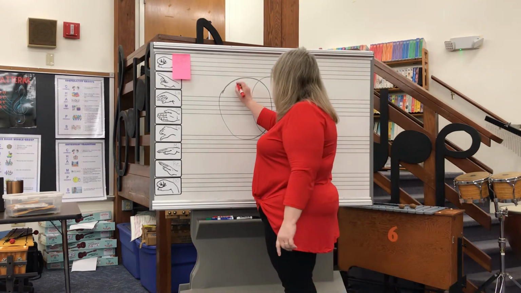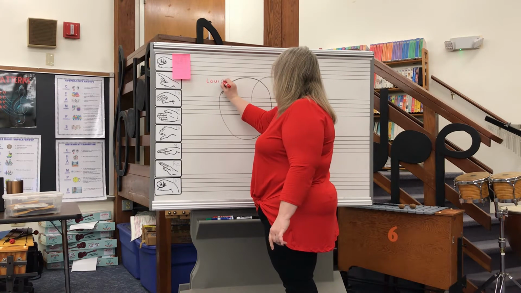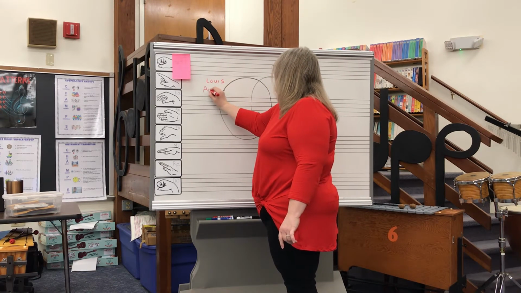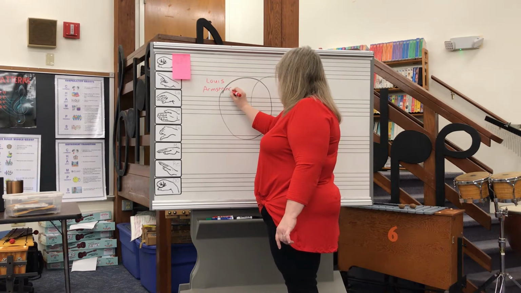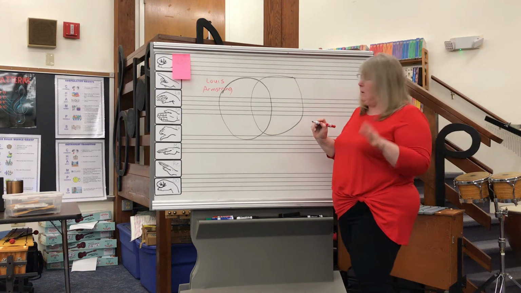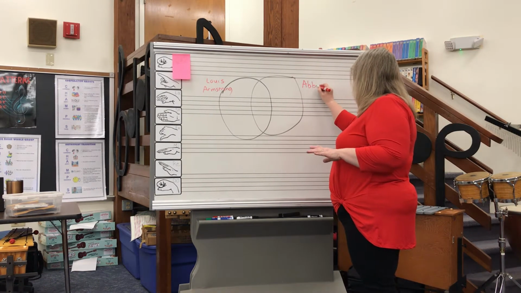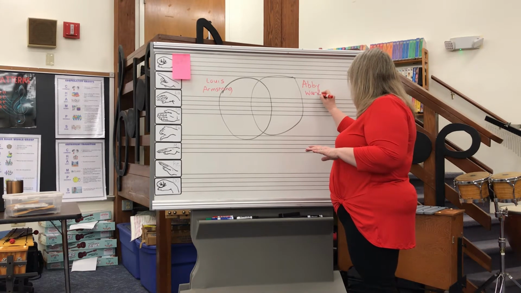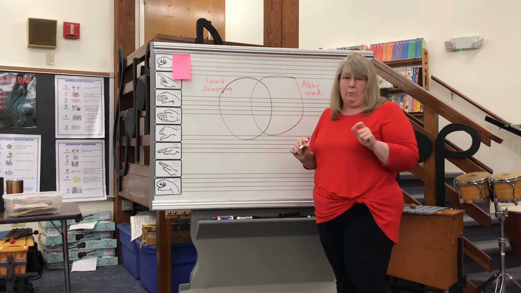One side was Louis Armstrong singing What a Wonderful World. The other side, and it was probably hard to notice what her name was, was Abby Ward. She was the other singer in that compare and contrast of What a Wonderful World.